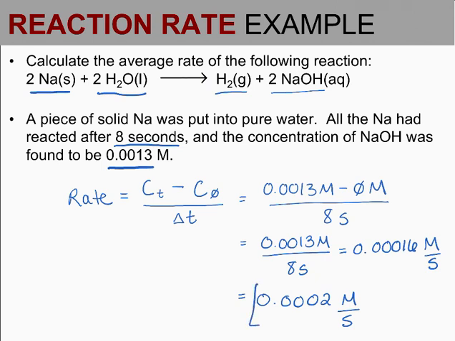And that would be the rate of our reaction. So not too bad, right? We're just plugging in what we know and then calculating the final result. So what this tells us is that for every second of the reaction, we're going to gain 0.0002 moles per liter of product. So let's write that off to the side.